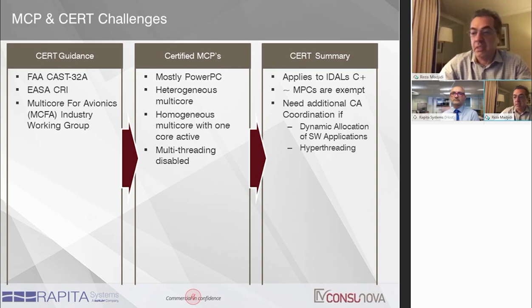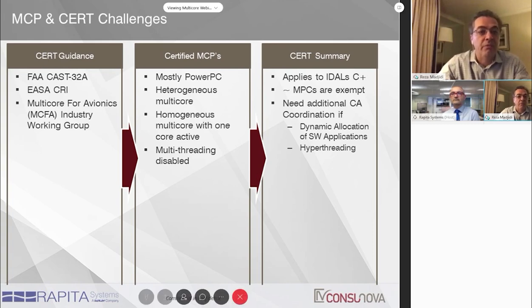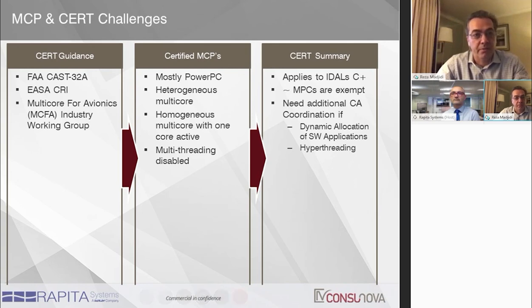Each scenario, as we said, is very different. CAST-32A indicates that the applicability of these objectives to cover the safe behavior of these processors should apply to design assurance level C and above. Some of the microprocessors are exempt, those of a lockstep nature. And CAST-32A does not talk about dynamic feature allocations of the software or hyper-threading.